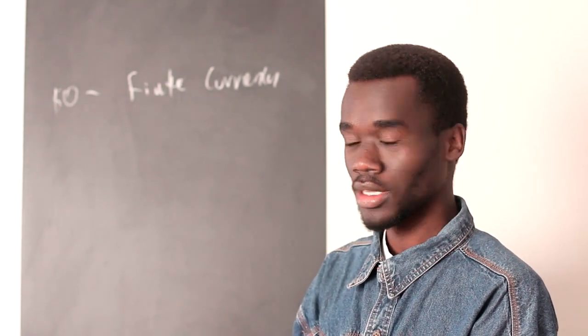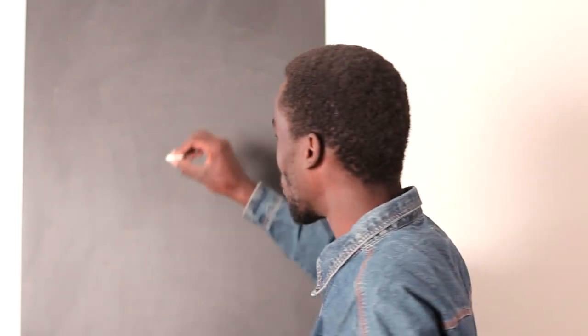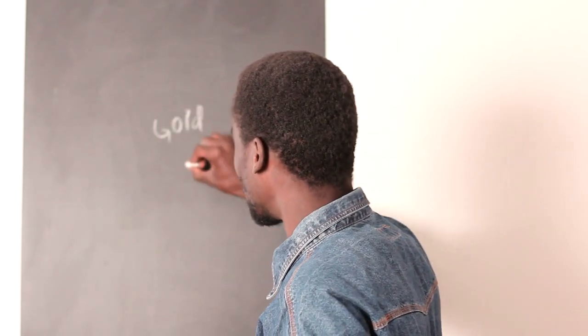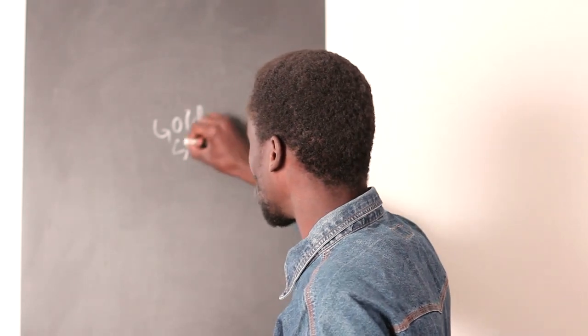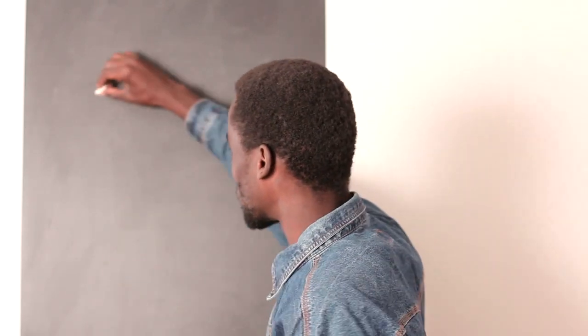So $0, that's where it starts off. And when it starts off at zero, the amount of gold and silver that you have will determine how high it goes up or how low it goes down. So if you don't have a lot of gold or silver, your fiat currency is going to be devalued, because gold and silver is what gives value to your currency.